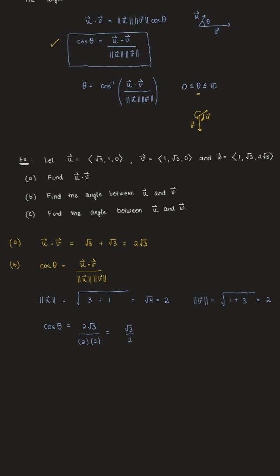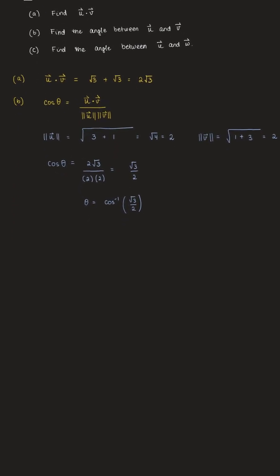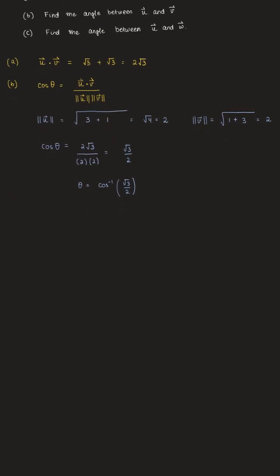To find theta, theta will be inverse cosine of root 3 over 2. So we are looking for an angle between 0 and pi whose cosine is the square root of 3 over 2. And that angle will be 30 degrees or pi over 6. So pi over 6 is the angle between u and v.